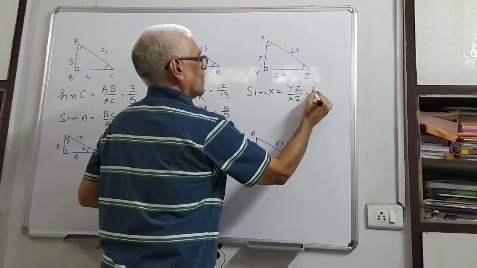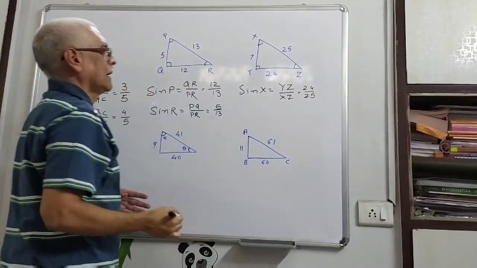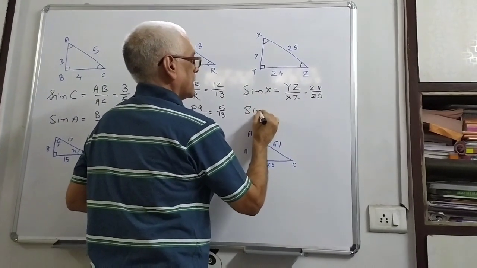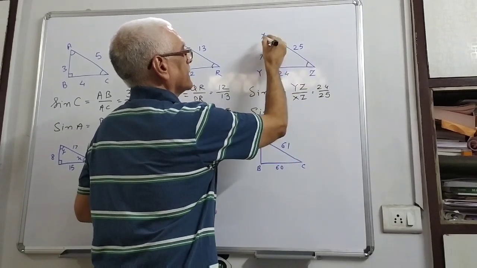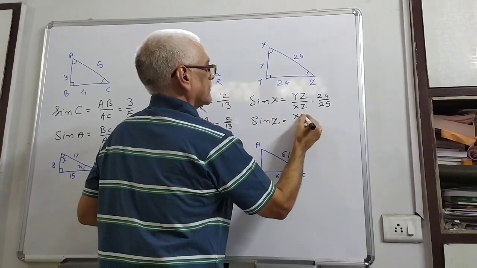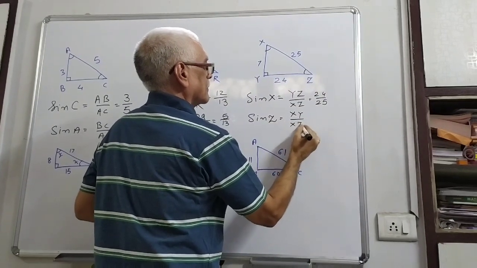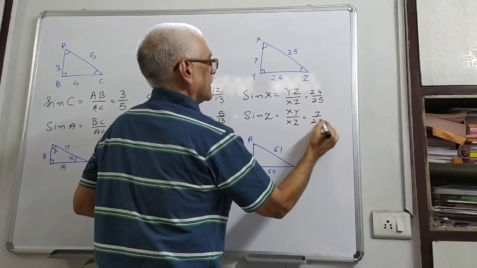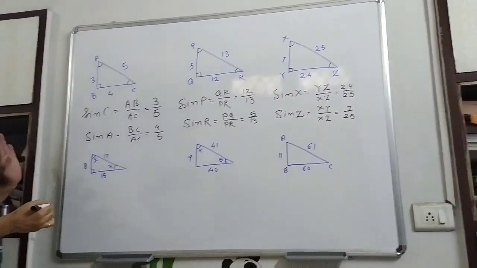So this is equal to 24 upon 25. And if you consider sine of Z, this will be equal to the opposite of Z, which is XY, upon hypotenuse XZ. This is equal to 7 upon 25. So you have to remember that sine means opposite side upon hypotenuse.